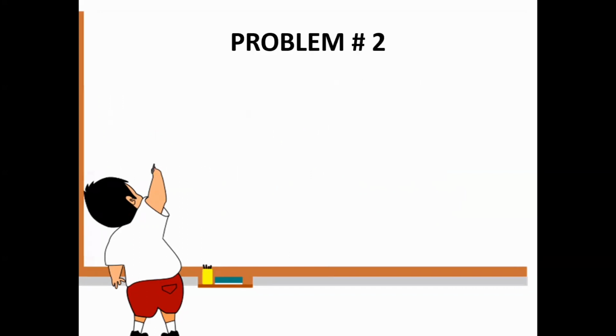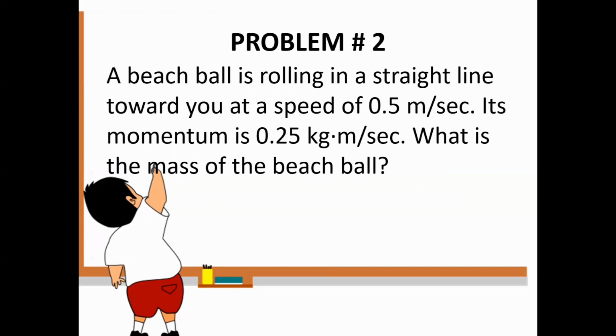Problem number 2. A beach ball is rolling in a straight line towards you at a speed of 0.5 meter per second. Its momentum is 0.25 kilogram meter per second. What is the mass of the beach ball? You may use the triangle formula.